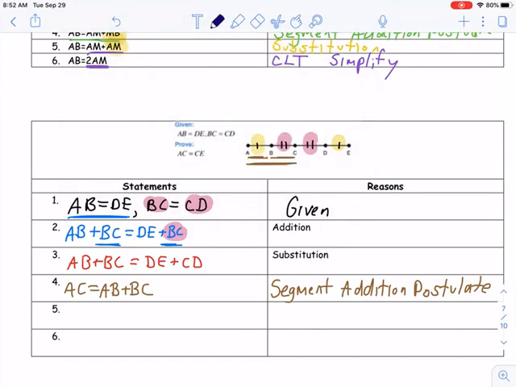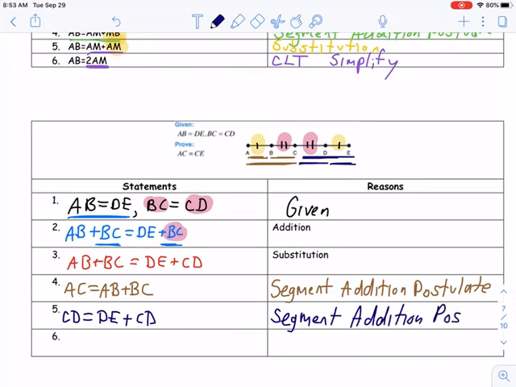Well, CE is equal to CD plus DE, and that's by segment addition postulate again.